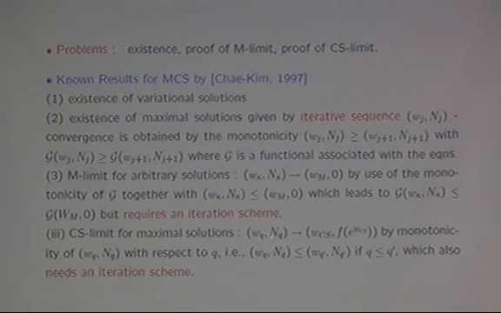Actually, if we fix kappa and write WQ and NQ for a given Q, then they converge to these functions. But they use the monotonicity property of the solutions with respect to Q. In fact, if Q prime is bigger than Q, then they satisfy this monotonic condition.